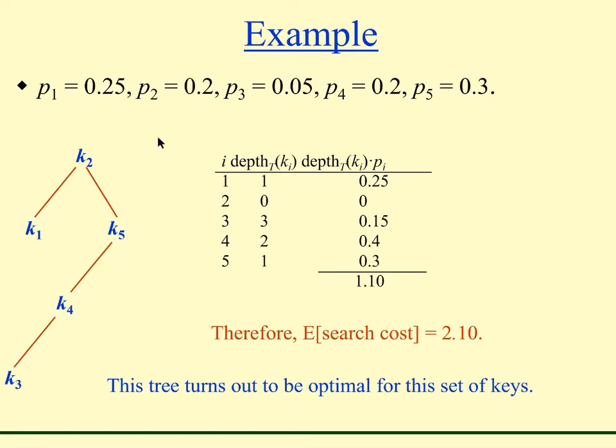So that means different arrangements of these keys will result in different average costs. For here, in fact, this also turns out to be the optimal for this set of keys. But of course, this just shows the result.